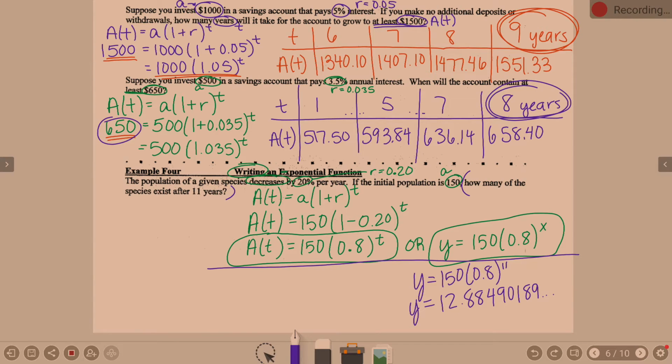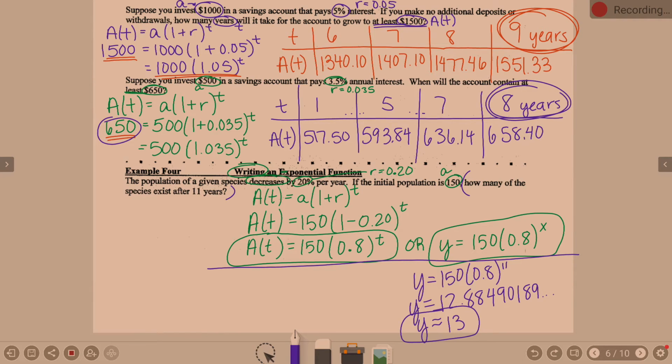We could look at this two different ways. We could say we're not going to talk parts of animals, so we're going to round down to 12. Or, again, it's just an estimate, and in my notes I have it as approximately 13. So approximately 13 exist after 11 years.